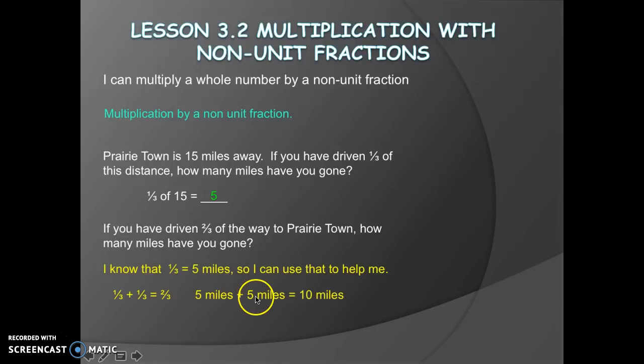So 2/3 would be 10 miles. So we could think of, okay, if we know what 1/3 is and we multiply it by 2, that's going to give us our 2/3. So the 5 miles times 2, because we need 2/3, is 10 miles. Same thing.